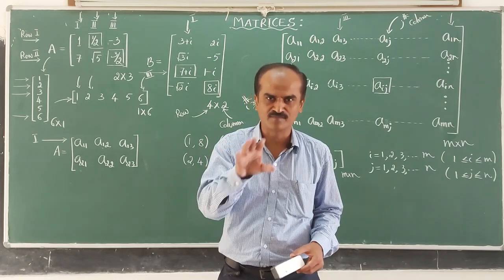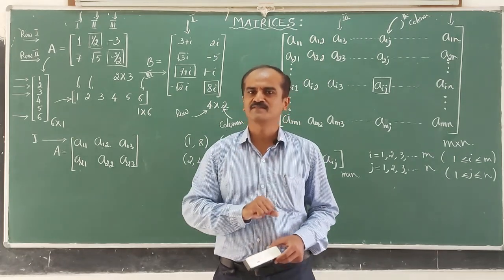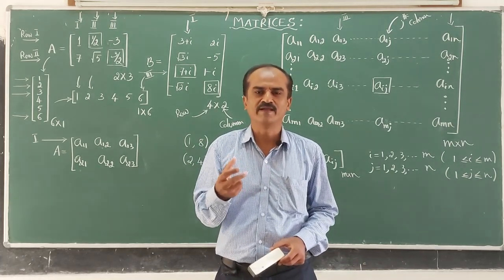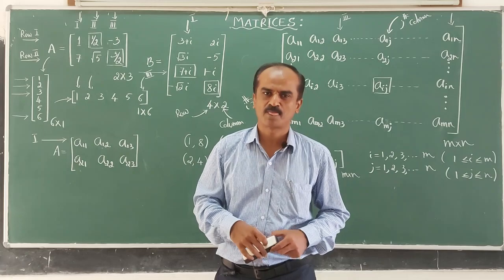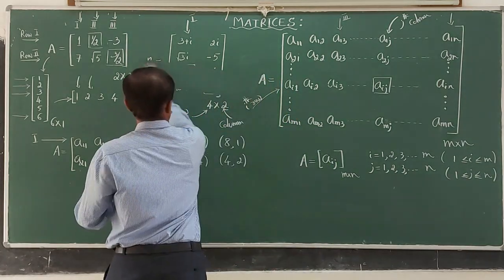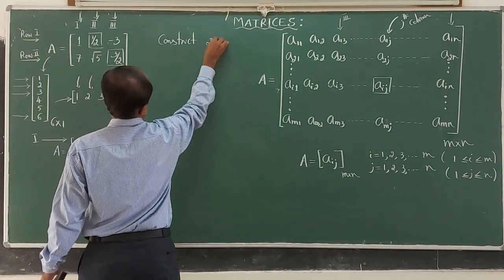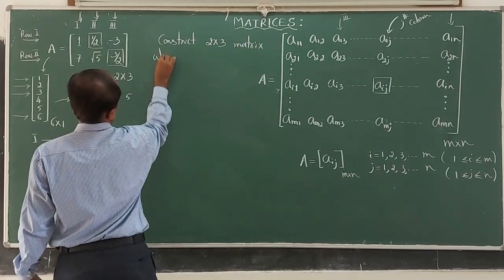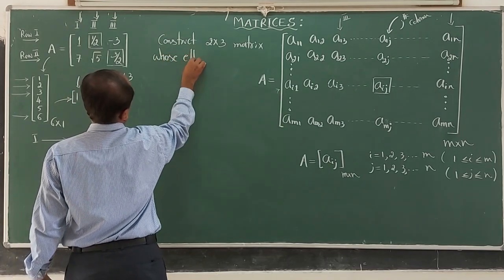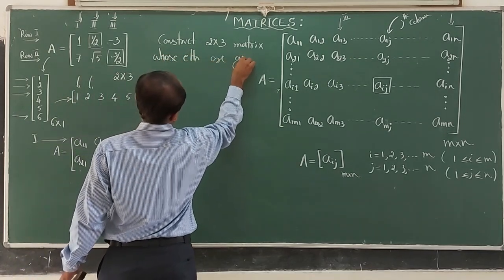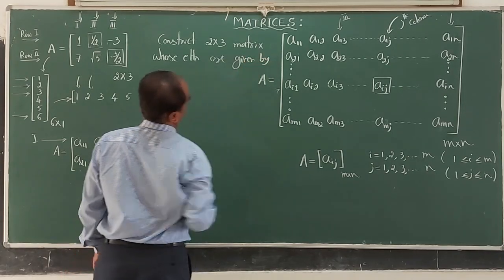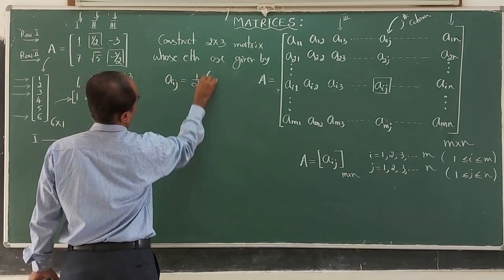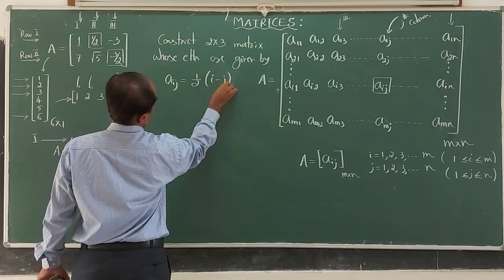When they are given the order of the matrix, they are not given the elements of the matrix. Instead, a formula or a rule to find the elements of that matrix. For example, construct a 2 by 3 matrix whose elements are given by Aij equal to half of i minus j.